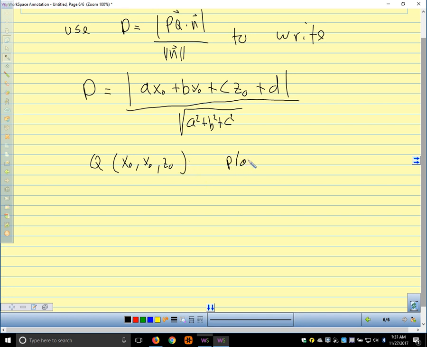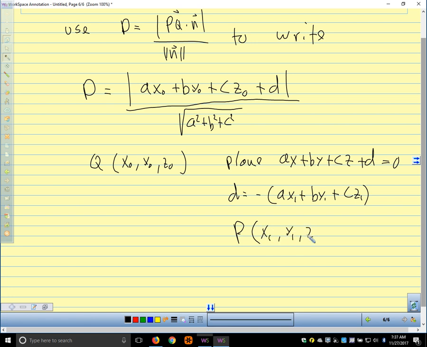The plane is ax + by + cz + d = 0. And in this case, d would be negative (ax1 + by1 + cz1), where P is (x1, y1, z1). So you can memorize this formula, or you can use this formula. I think this is way easier.